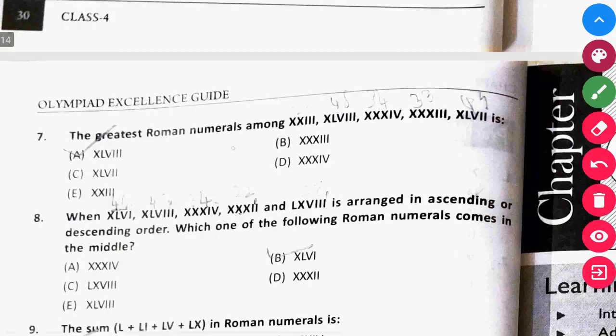The greatest Roman numeral among the following. XXIII means, you write first, this is 23.